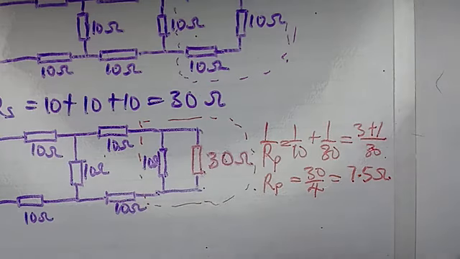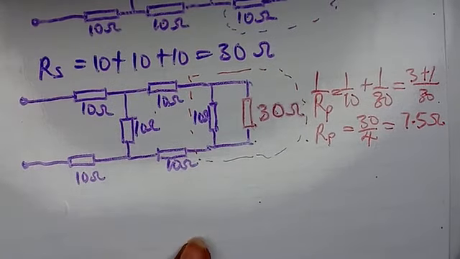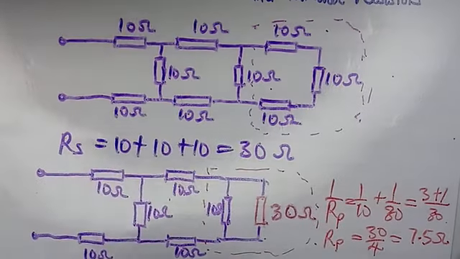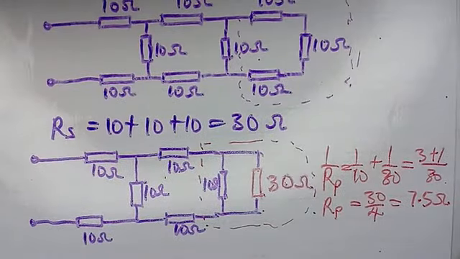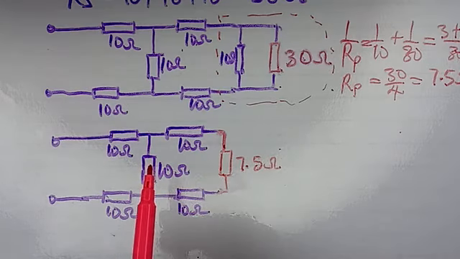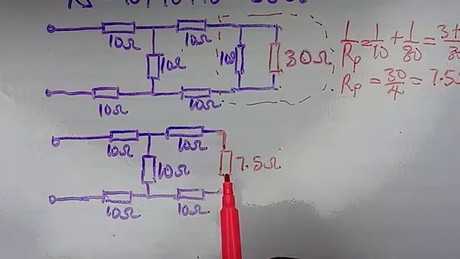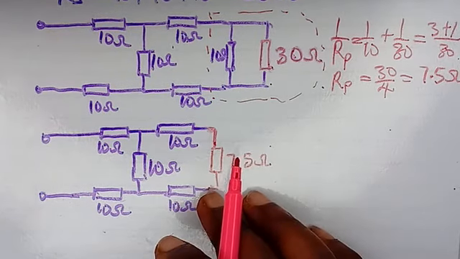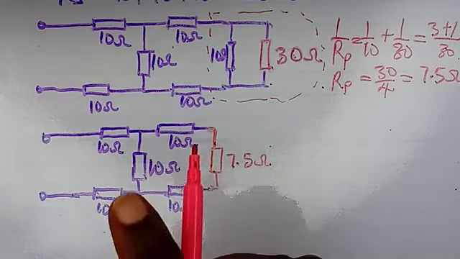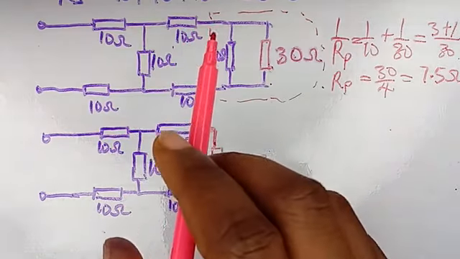Now we are going to redraw to make this simpler further. So it's just tiny steps that will get us to solve this thing that looks complex in an easy way. Okay, moving on. We can see we've redrawn. With these two resolved, we got the equivalent resistance to be 7.5 ohms, just like we solved here. So this part is equal to this part exactly, right?